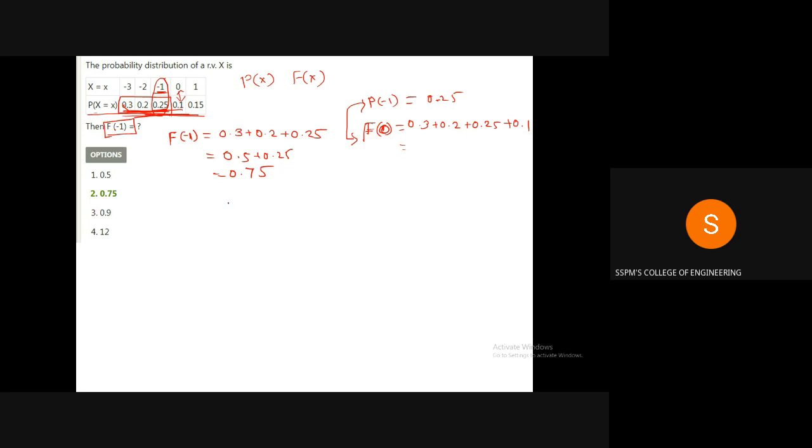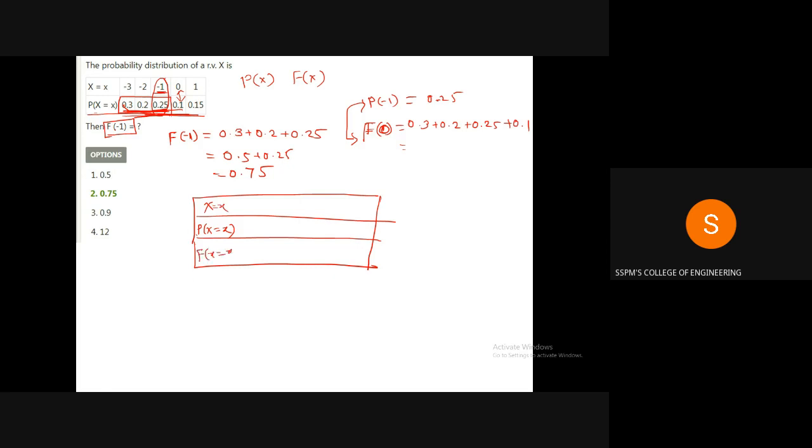Here, I will write another chart. It is like this: this is x, this is P of x, and this is F of x. So minus 3, minus 2, minus 1, 0, 1, and 0.2, 0.3, 0.25, 0.1, and 0.15.